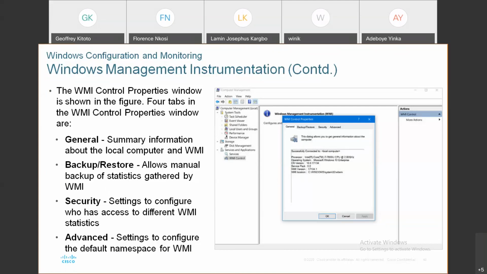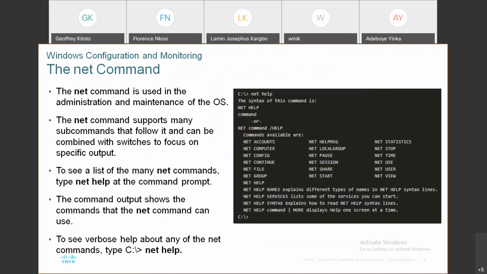Backup and restore allows manual backup of statistics gathered by that instrumentation. Security tab: settings to configure who has access to different WMI statistics. Advanced: settings to configure the default namespace for WMI. All these are various properties that you get under Windows Management Instrumentation.